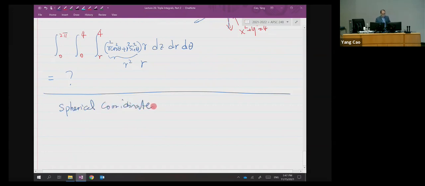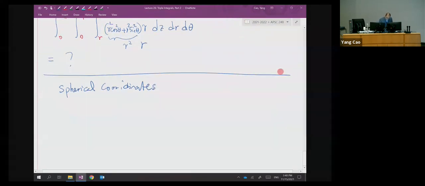So one more coordinate system for triple integrals is spherical coordinates. And this is new. We have never done this before. So let's take a look at what spherical coordinates are. The bottom line is, no matter what coordinates you are learning here, coordinates basically means the minimum number of variables that you can use to describe the location of a point in 3D space, or sometimes in 2D space.